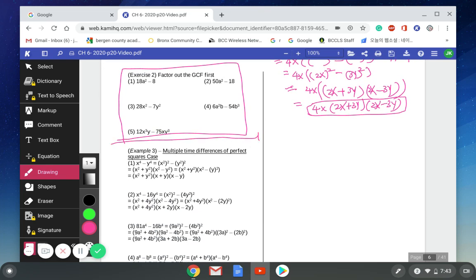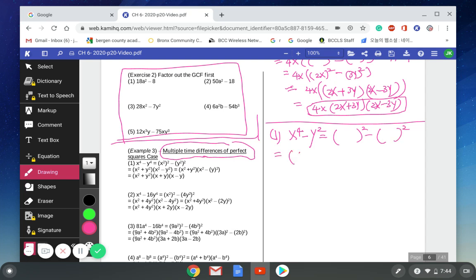Now, the third type of special polynomial is the multiple-time difference of perfect squares case. What does it mean, multiple times? So when you have a question like x⁴ minus y⁴, again, can you make this into a difference between two perfect squares?